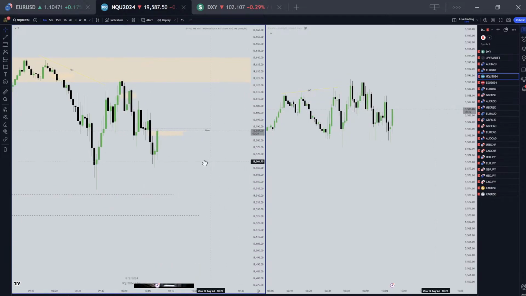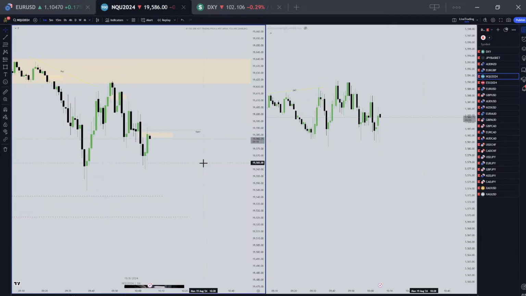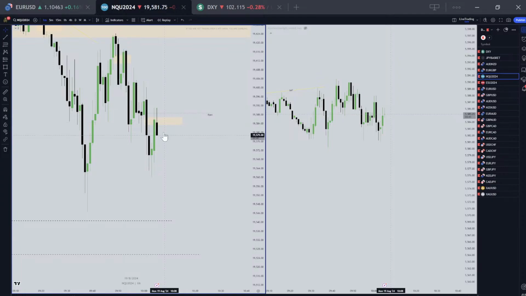It holds. If sells are coming in, we should close lower than this for value gap.